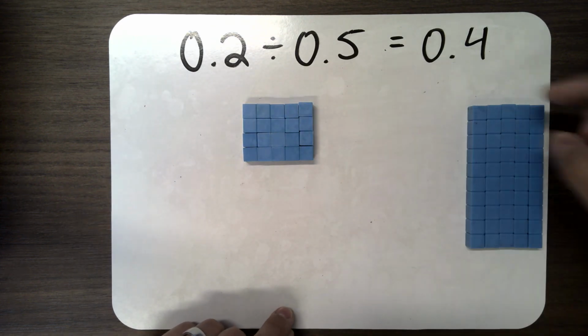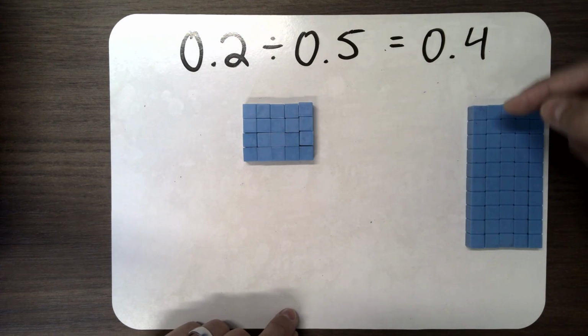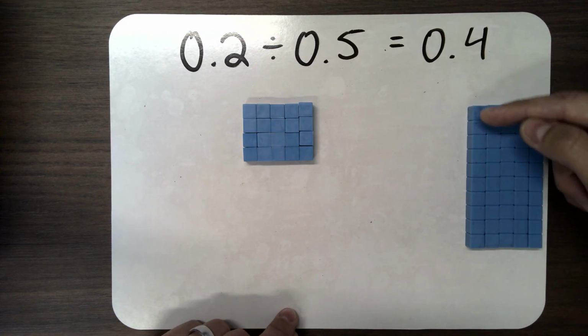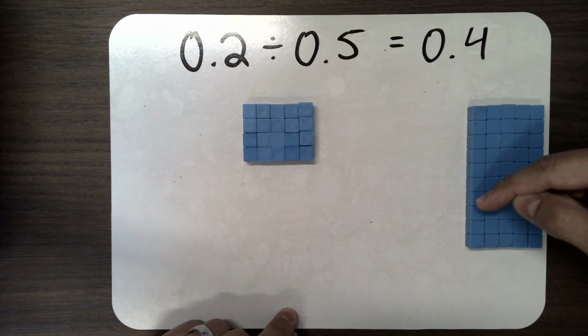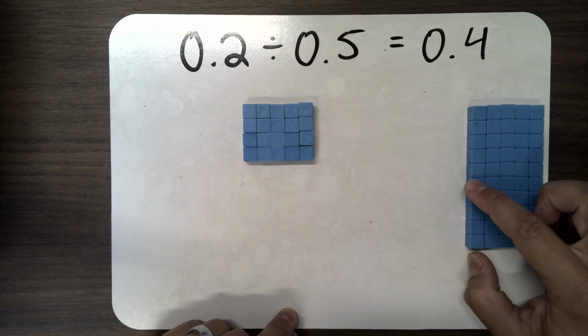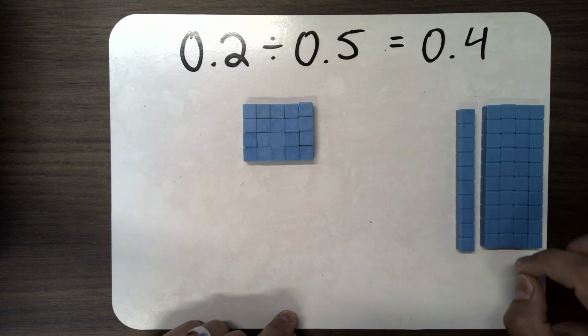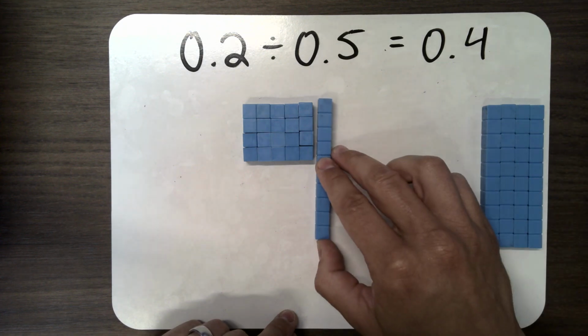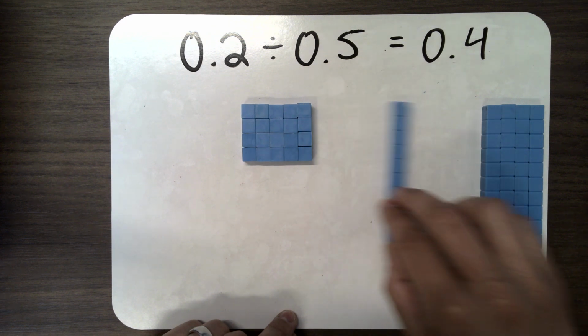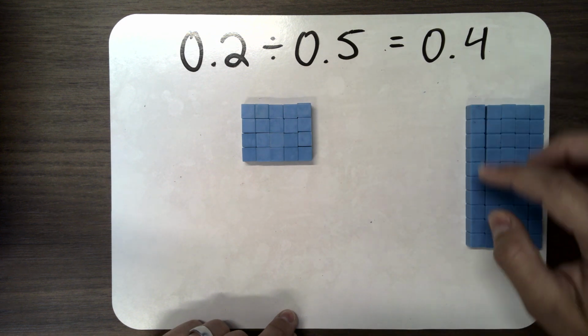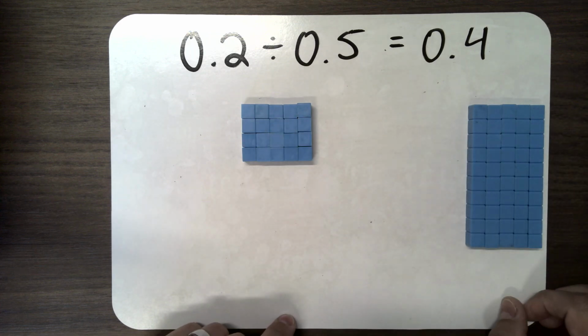Okay, so we have those 5 columns in both, but you'll notice if we actually had a full group of 5/10, each column would include 10 of these small cubes, 10 of those hundredths. Okay. If we're comparing this, we'll notice that each of these columns only has 4 out of those 10 pieces in each column all the way throughout the model. Okay.